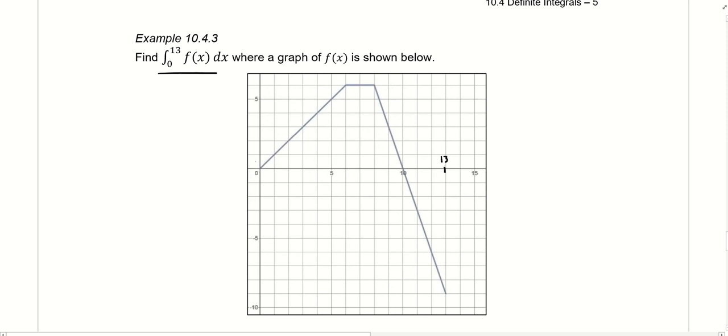I'm just marking those in so it's a little bit easier to see. And when we talk about the area, or the definite integral, it's going to refer to the area beneath this curve above the x-axis and the area beneath the x-axis and this curve. So I'm integrating f of x from 0 to 13.